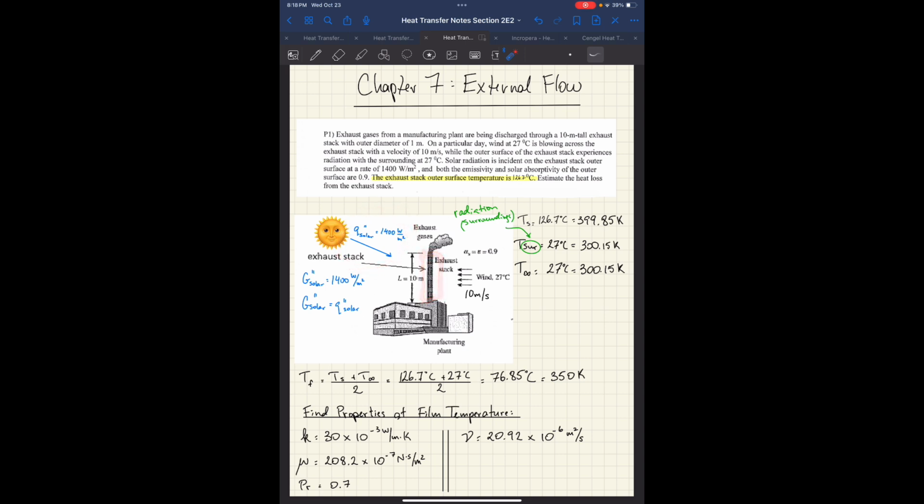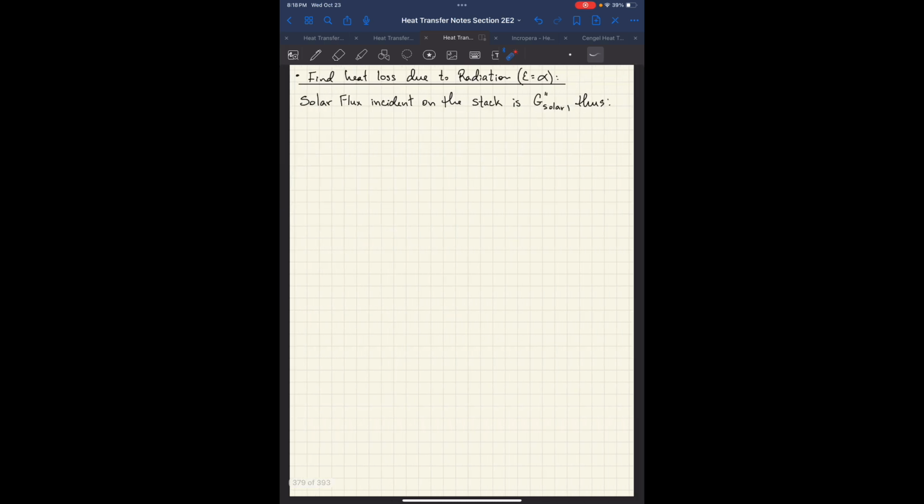What we have to consider is not only the radiation from the sun, but the radiation that the exhaust stack experiences with the surroundings. That's the normal Stefan-Boltzmann. So let's just write some notes. Because the object of interest is the exhaust stack and the solar radiation is incoming or incident, that's considered what's called irradiation, which uses the letter G. So when we write our equation, you're going to have to subtract the solar radiation. We subtract it because it's irradiation. Remember that Q due to radiation is going to be whatever is emitted minus whatever is incident on the object of interest.